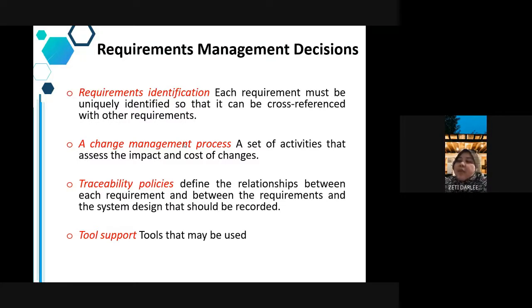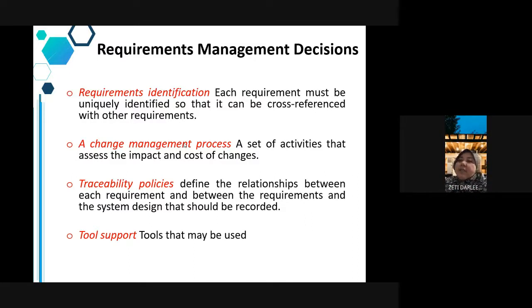Okay. Traceability policies, ini basically the term lah, the term on requirement management decision. Traceability policies define the relationship between each requirements and between the requirements and the system design that should be recorded. Traceability policy maksudnya this is something especially when you change requirement, kita boleh trace back history. Ada kita panggil log lah, history log.